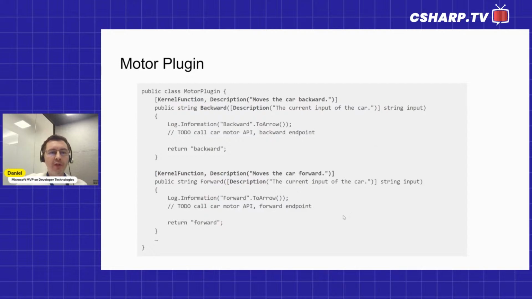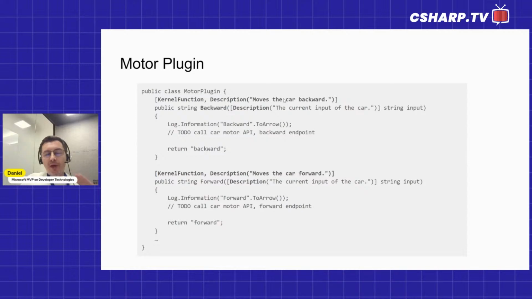So let's take a look at this C# class. The native functions are easy to identify because they are prefixed by the kernel function attribute and the description. And the description is very important, because the text in the description has to be concise, to not leave space for interpretations.